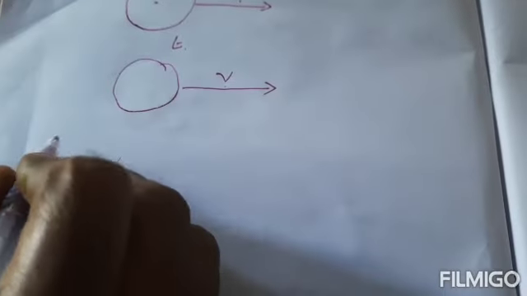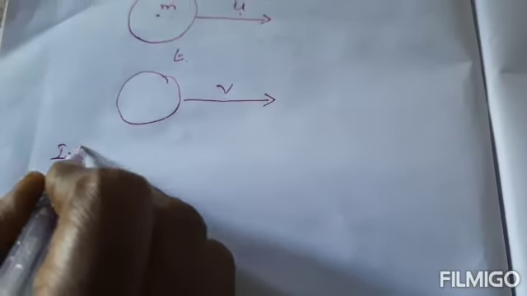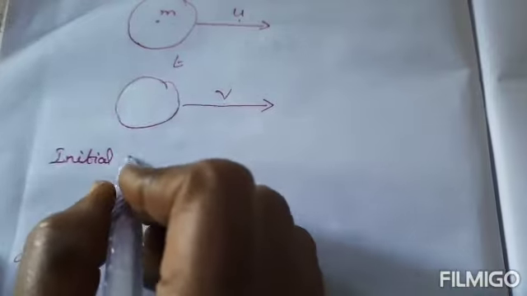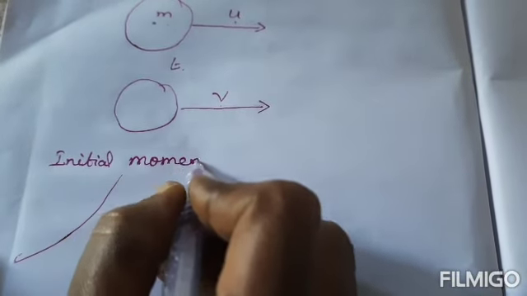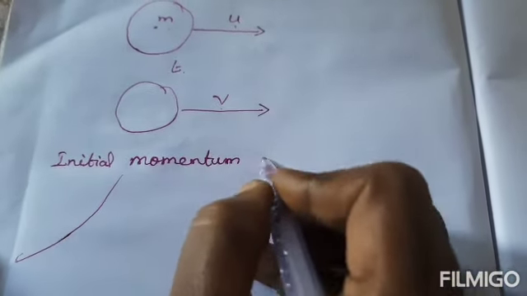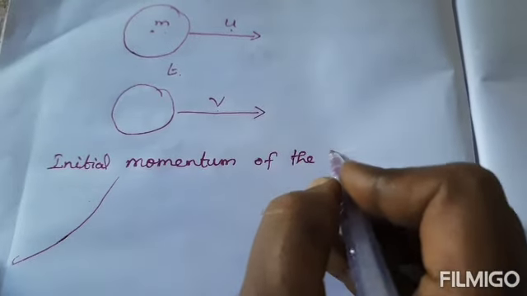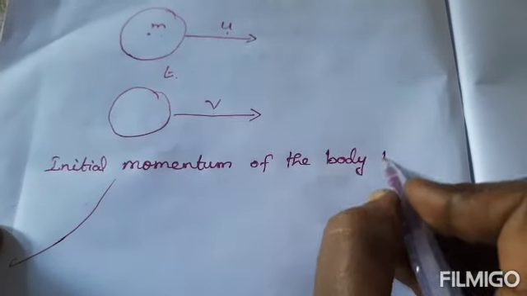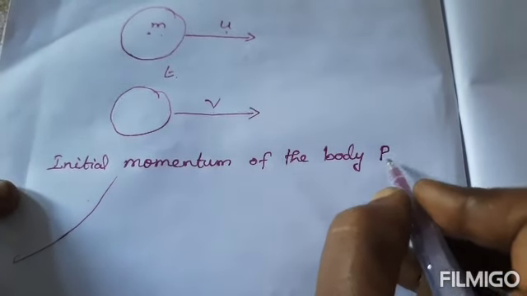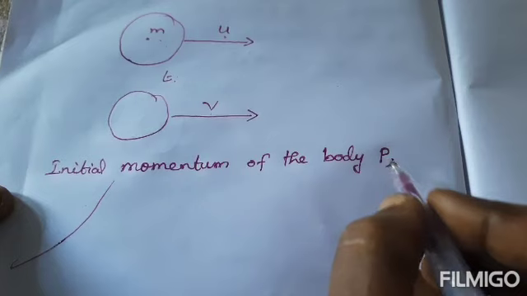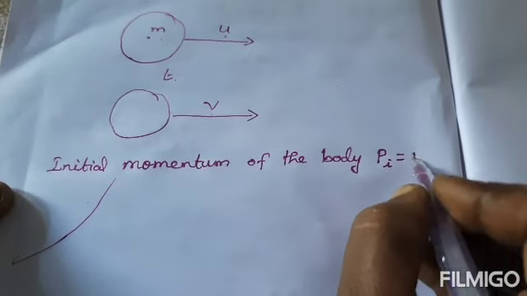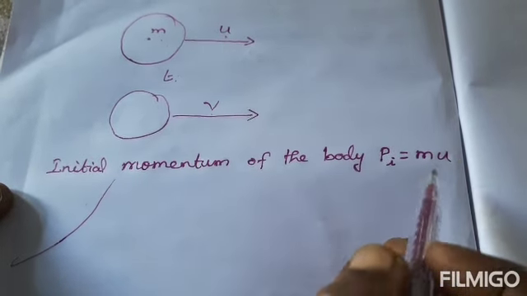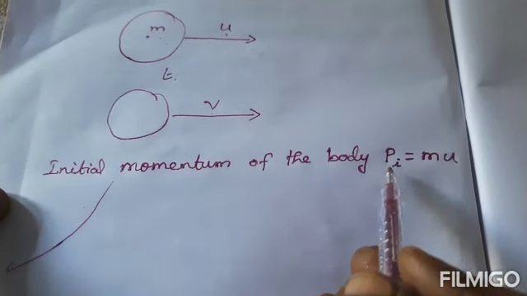Okay, first, the initial momentum of the body. Already I told you momentum is denoted by the letter P. Initial, I, that is a suffix. Okay, Pi, like this you have to write mu. So you know the momentum formula. What is the formula for momentum?